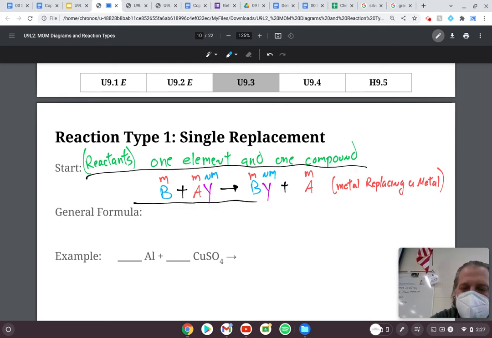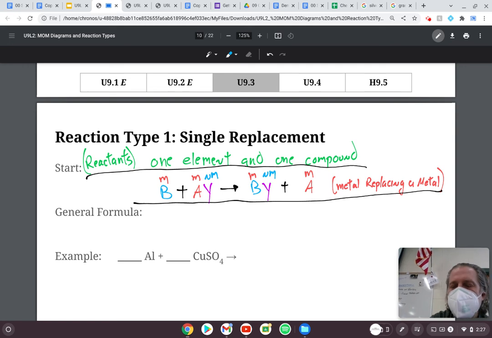There's another type of single replacement reaction, and that looks something like this.